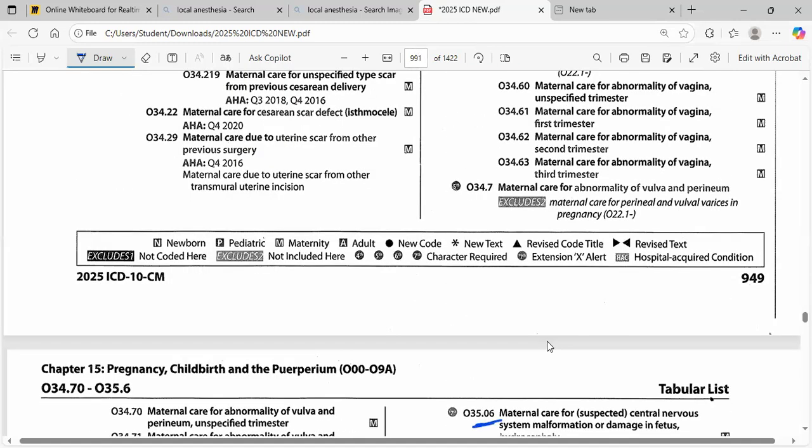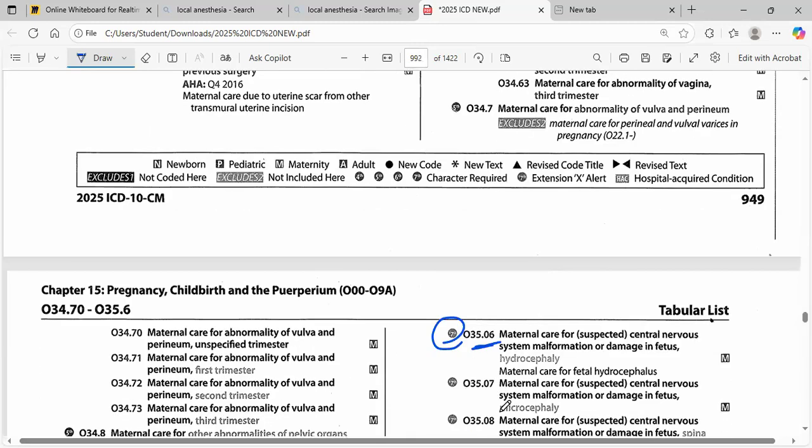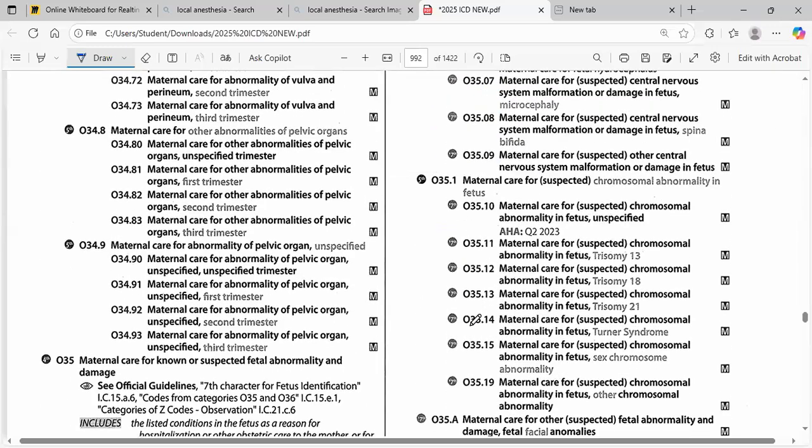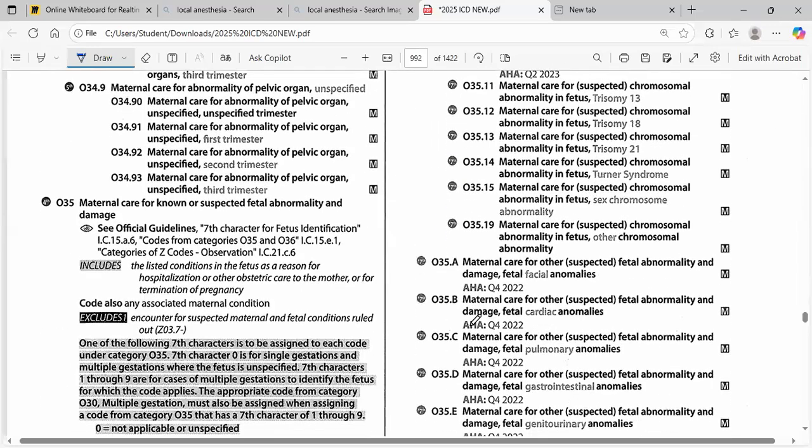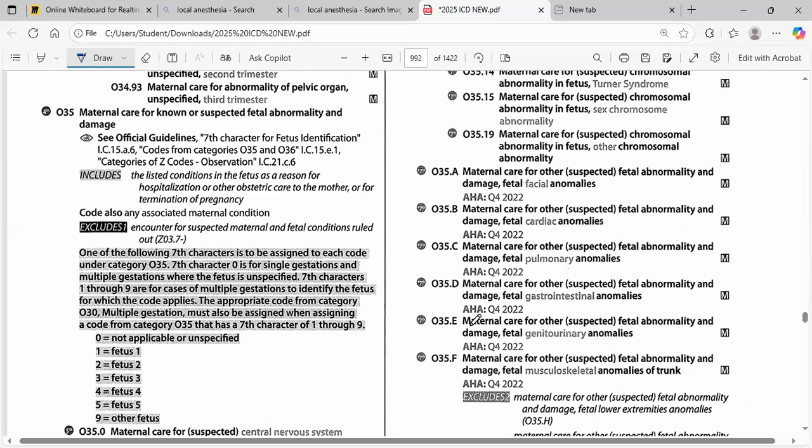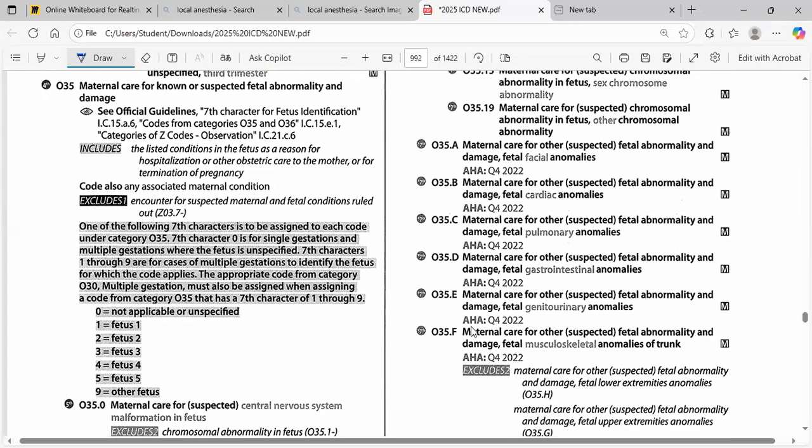Here we go, O35.06. It needs the 7th character. The 7th character is always listed on the top of the series. In this case, patient has twin gestation, but it is not mentioned whether baby A is affected or baby B is affected.